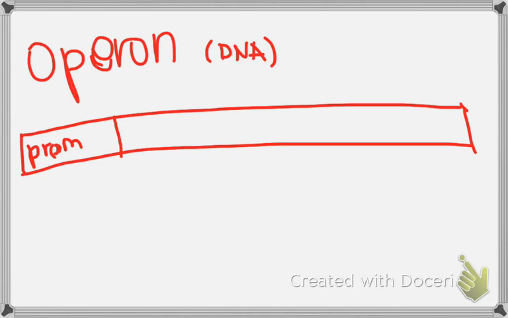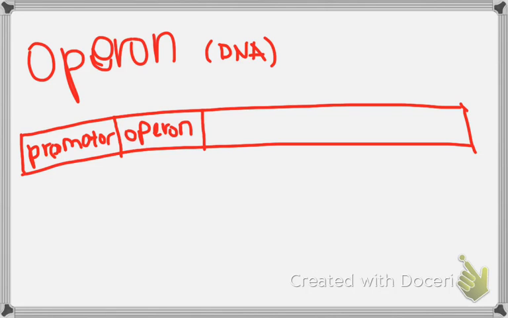Let's actually spell that right. My mind's getting ahead of my pen. Promoter. The second part is actually going to be your operon. This is where it's located. It's kind of behind the promoter, and over here somewhere would be a TATA box. Don't worry about what a TATA box means. You really don't have to know that.